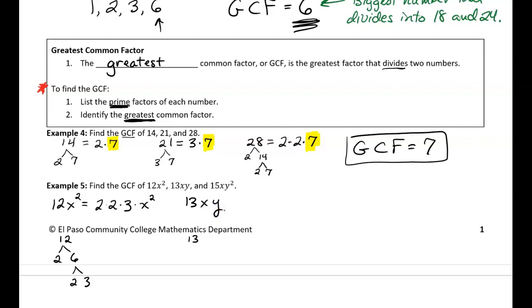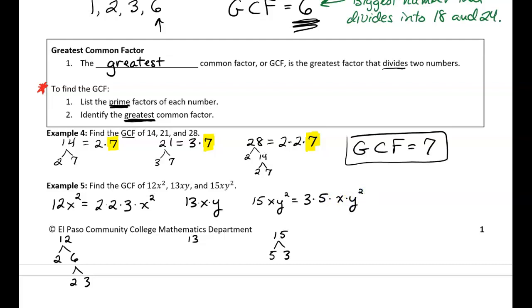So we have 13 times x times y. We'll leave that as is. But what about the 15? I know it's a multiple of 5, because it ends in 5. And 5 times 3 gives me that 15. 5 is prime, 3 is prime, so we're good. So we'll say 15x times y squared is equal to 3 times 5 times x times y squared.